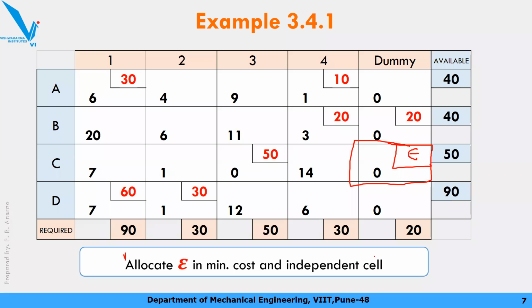This is the only concept that has to be highlighted in today's lecture. क्योंकि बाकी का part already हमने देखा है, WAM method देखा है, also the UV method we have seen in the previous lecture. Only thing we haven't seen was the degenerate case, less number of allocations. ठीक है? So I hope all of you have understood how to handle the degeneracy case. If you have doubt, let me know.